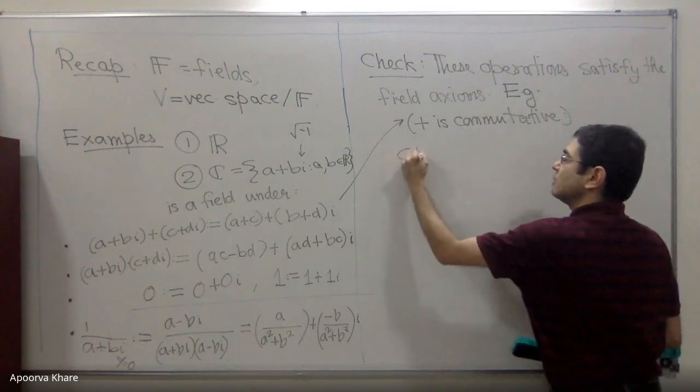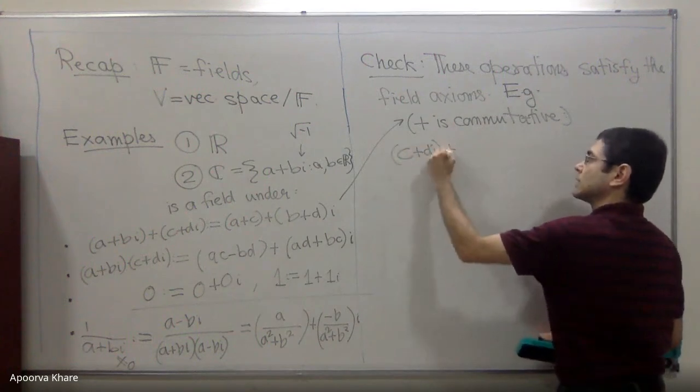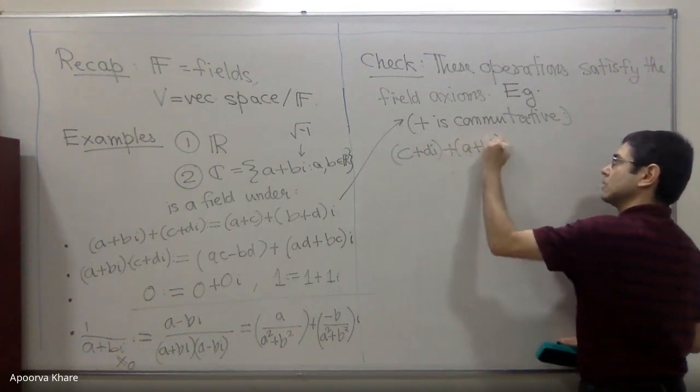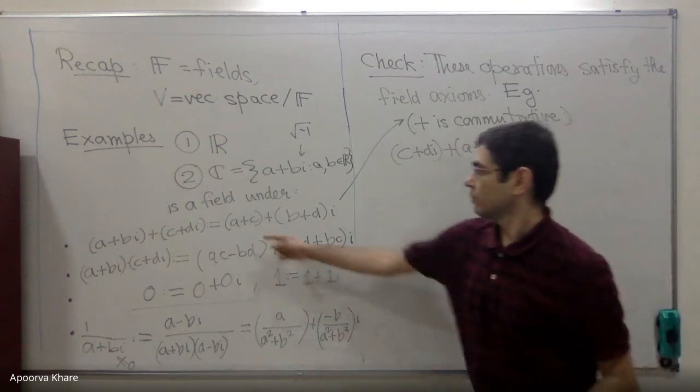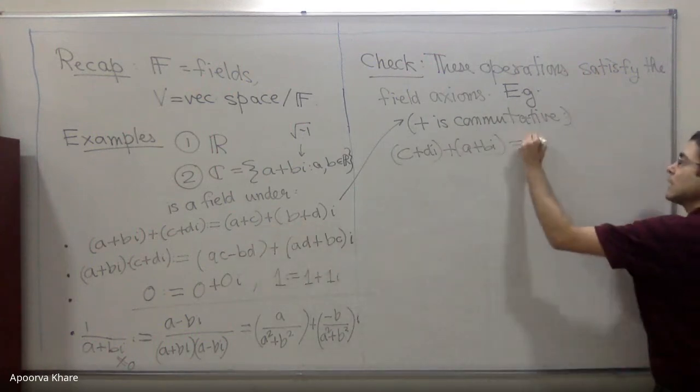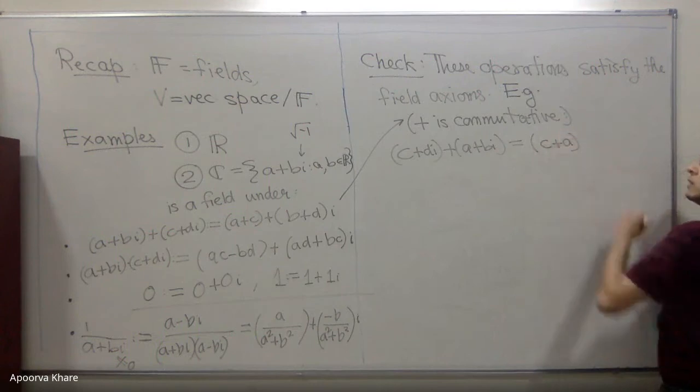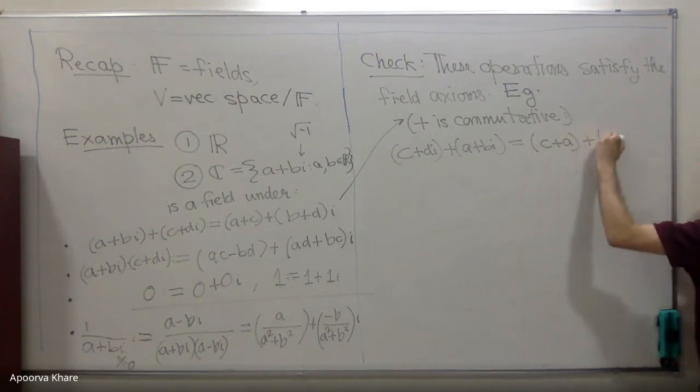If I compute C plus Di plus A plus Bi, then by the same definition, I get C plus A plus B plus D i.